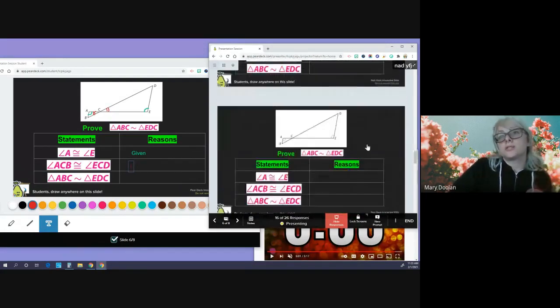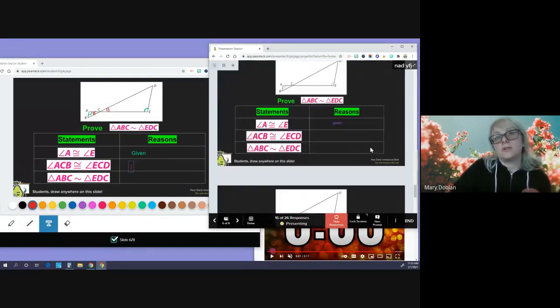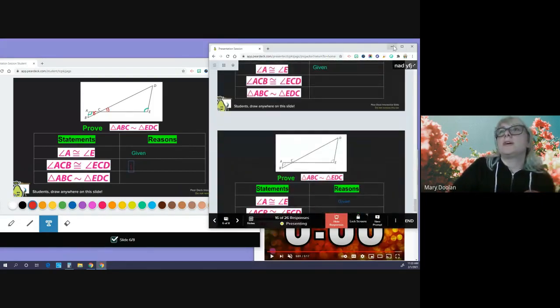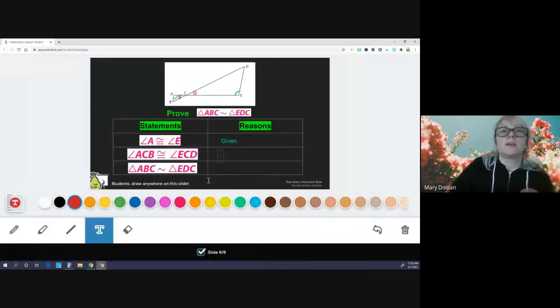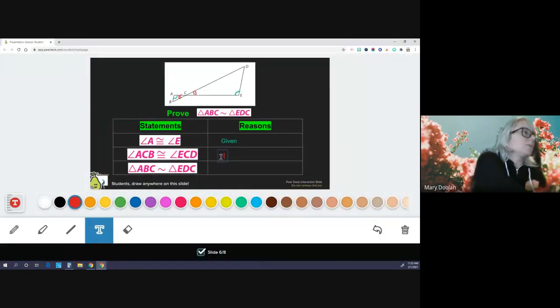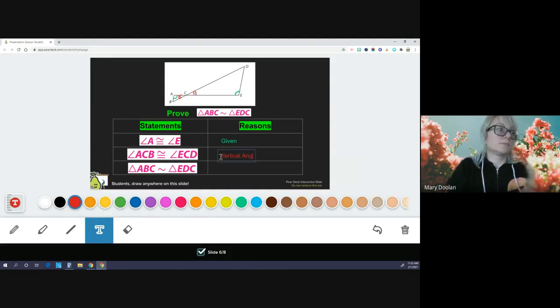Vertical angles are always congruent because of the vertical angle theorem. So that's what we're going to type in. A couple of you got that. You figured it out. So we're going to just type right here, vertical angle theorem.